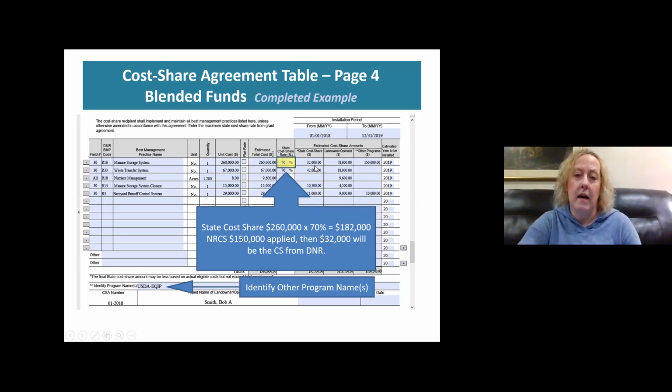You need to decide, is TRM going to pay 150, or is EQIP going to pay 150? You have a choice, working with the landowner, on which program is going to pay what. In this particular case, the decision was made that TRM would pay 32 and EQIP would pay 150. We just want to make sure that we're not paying any more than 70%, which would be the $182,000.